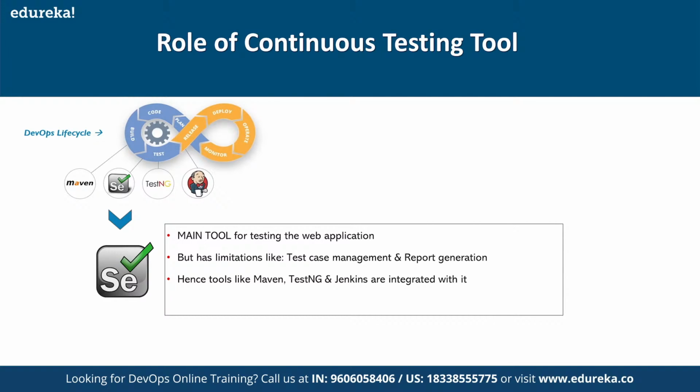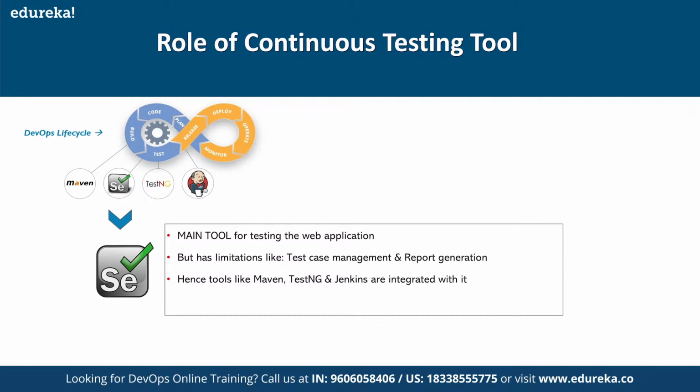To test that web application, we will be using Selenium. It can easily integrate with tools like Maven, TestNG, Jenkins. Selenium is basically the tool in which you will be writing the code, and that code is going to test your application. So Selenium will allow you to write that code.